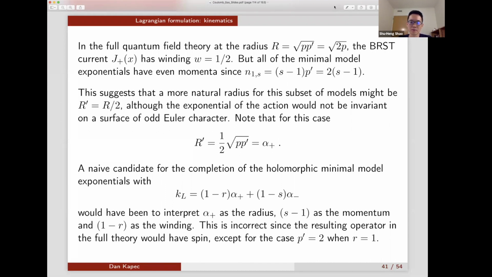And the next simplest case is the 2 comma 3 minimal model, whose partition function is 1. It's also a trivial minimal model. It only has an identity state. And the corresponding c equals 1 theory is the first N equals 2 minimal model.